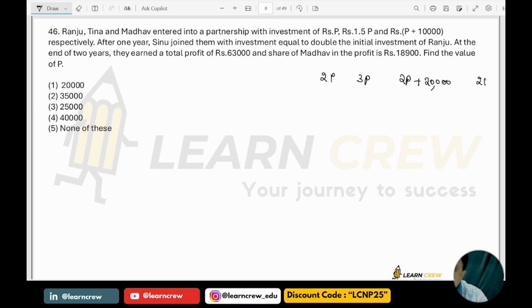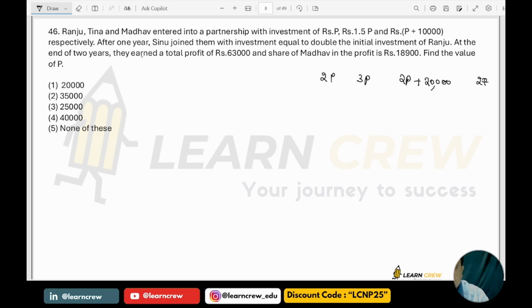Now what is given? According to the question, now what we have? At the end of 2 years, they earned a total profit of 63,000 and the share of Madhav in the profit is 18,900. See here, Ranju, Tina and Madhav.